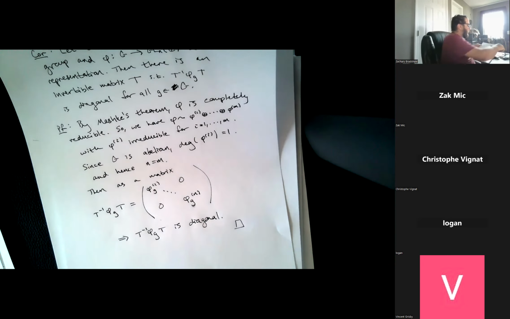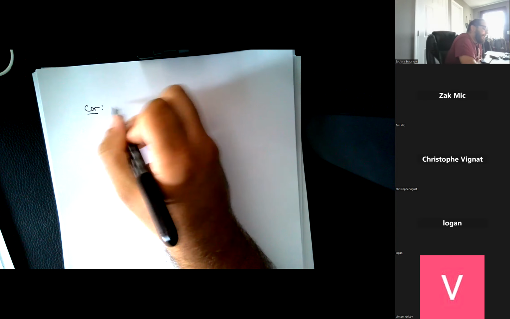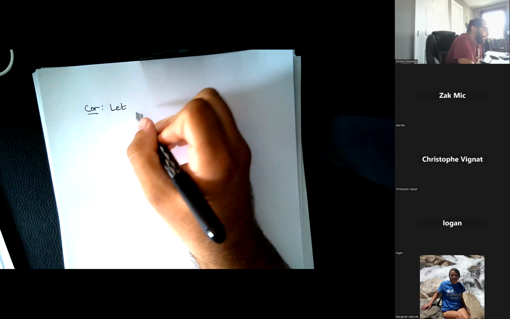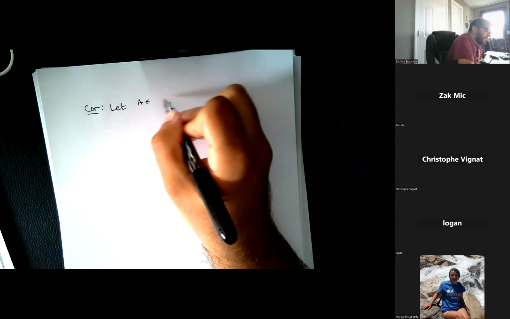Steinberg gives another nice corollary for linear algebra. It's just an example of something you can get from that proposition. I'm not going to prove this one, but I will write it down quickly in case anybody hasn't had the chance to read the section.